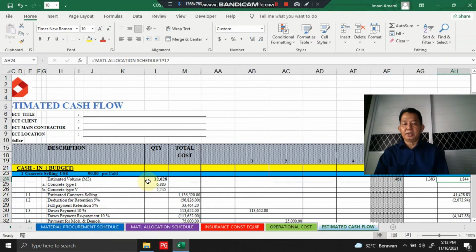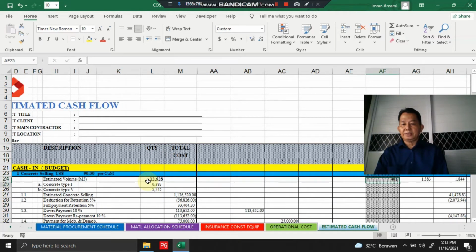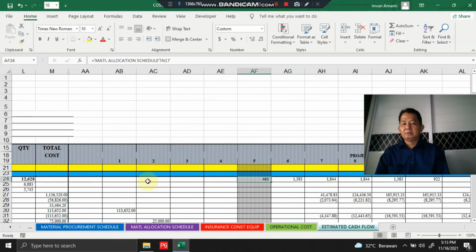So this is the concrete supply, the monthly concrete demand schedule, starting on the fifth month of this cash flow.